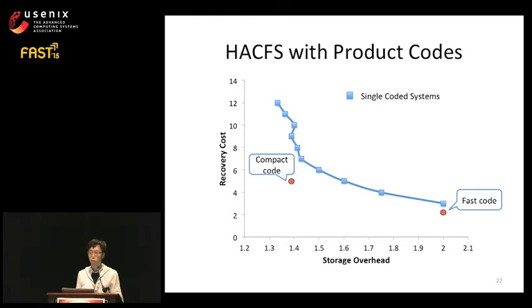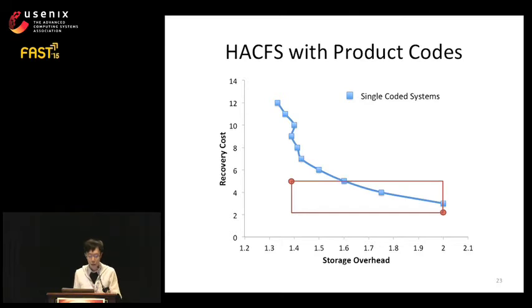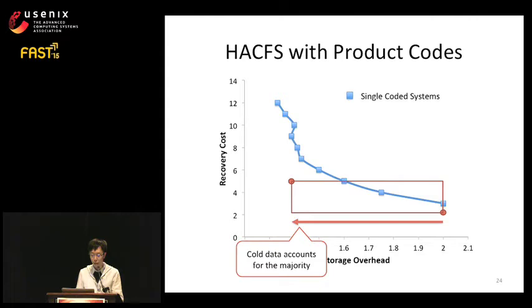We put these 2 codes in the trade-off space we've seen before to compare them with existing single-code systems. So here we see the compact code on the left and the fast code on the right bottom. With a specific workload, HACFS can achieve a point within the rectangle bounded by the 2 chosen codes. When the cold data accounts for the majority, the storage overhead of HACFS will approach that of the compact code on the left side.